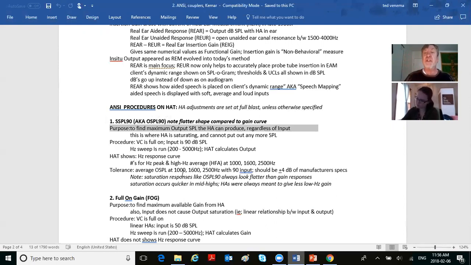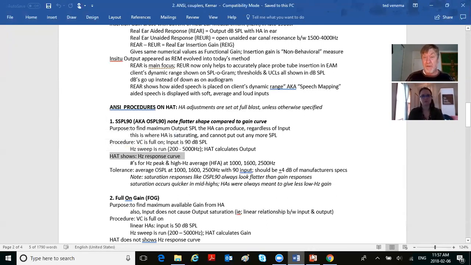The hearing aid test box calculates the output, and it shows 3 things: the response curve, the high frequency peak, and the high frequency average, HFA. That should be within plus or minus 4 dB of the hearing aid specs. And I wrote in italics here, note: saturation responses like OSPL90 always look flatter than gain responses. That's because the hearing aid is bloated, okay, literally.